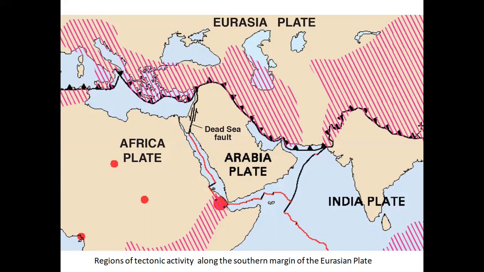And so generally this diagram shows the regions of tectonic activity along the southern margin of the Eurasian Plate. These are all effectively active mountain building by faulting, often thrust faulting, and prominent earthquakes occur throughout the region on transverse faults as well.